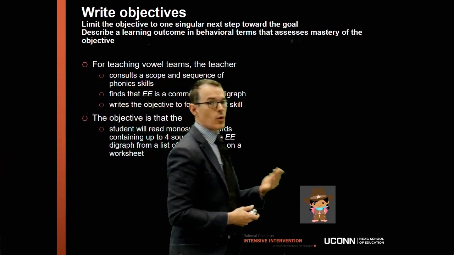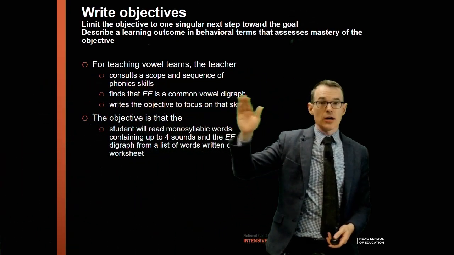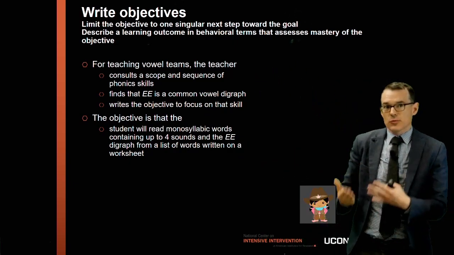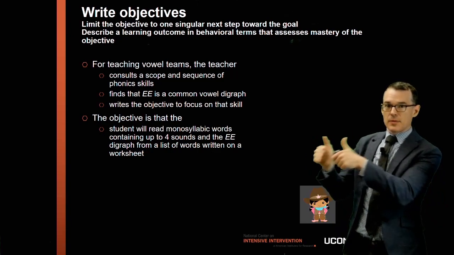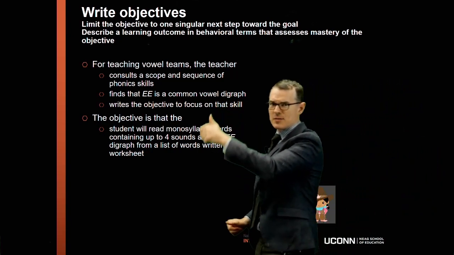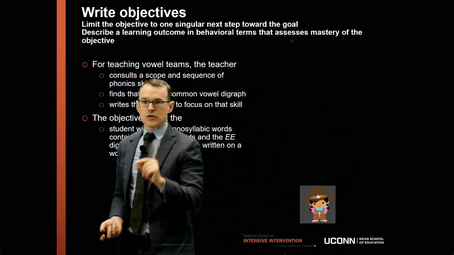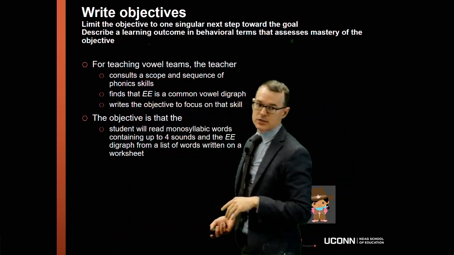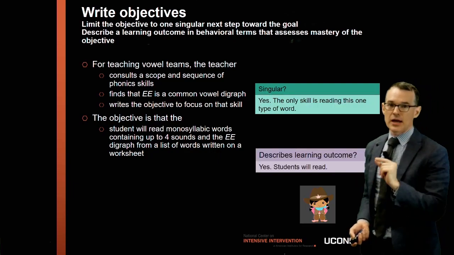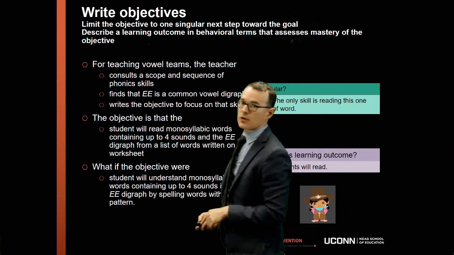That's what we want to focus on here. Is the learning outcome described in behavioral terms? Could we measure the way it looks? I give it a big thumbs up here also. Very, very good thumbs up. I would say also it's very clearly specified how students are going to do that. So is it singular? Yes. And does it describe the learning outcome? Yes, it does. Students are going to read those words.